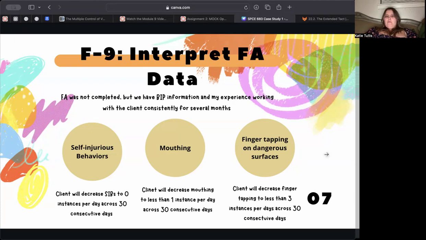Finally, finger tapping on dangerous surfaces. The client will decrease finger tapping to less than 3 instances per day across 30 consecutive days. This is a behavior that happens at pretty high rates, anywhere from 10 to 30 times a day. We have seen it decrease in intensity, but it's still happening quite frequently.